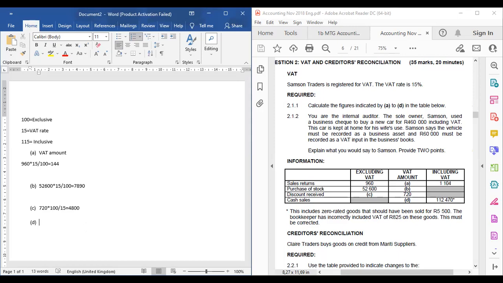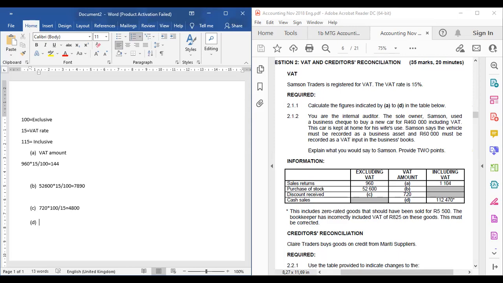So we are looking for the VAT amount. We're given the including VAT amount. But we are told that this includes zero-rated goods that should have been sold for 5,500. The bookkeeper has incorrectly included VAT of 825 on these goods. This must be corrected.